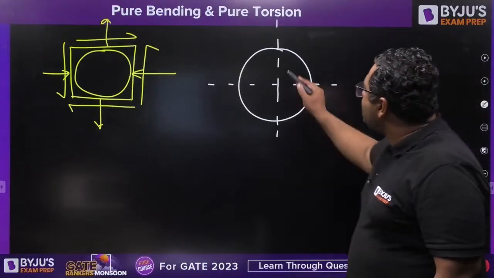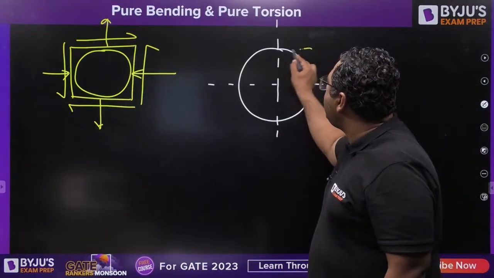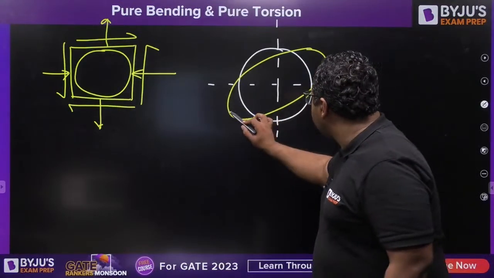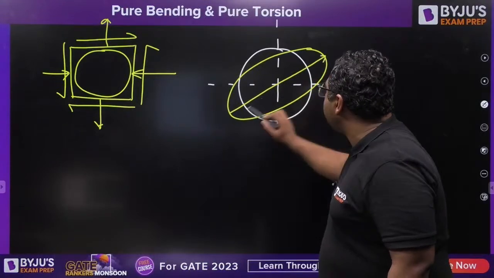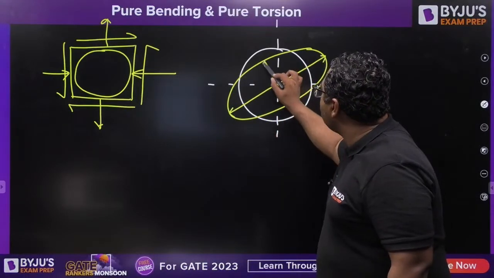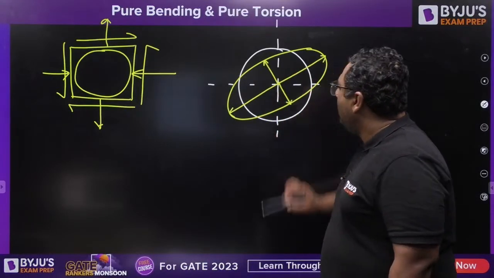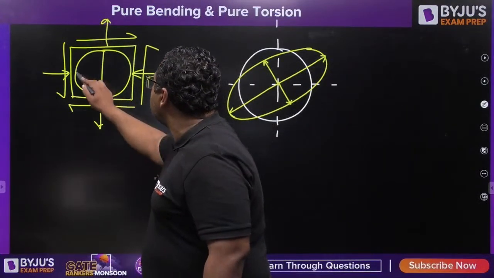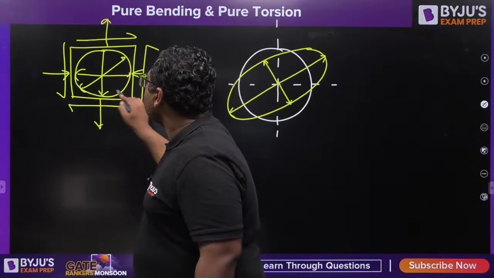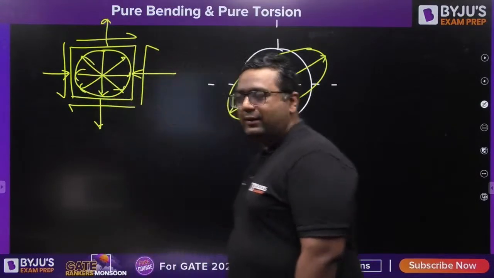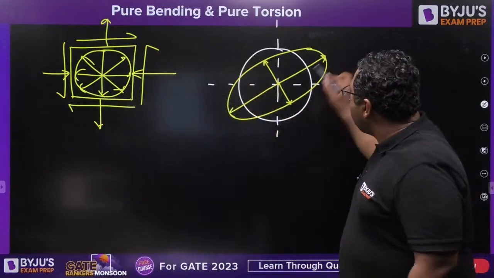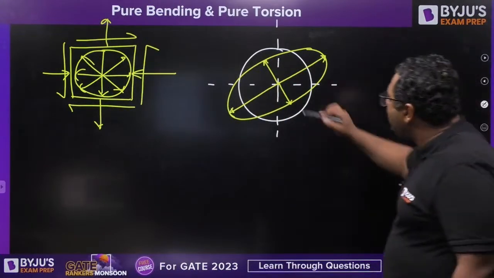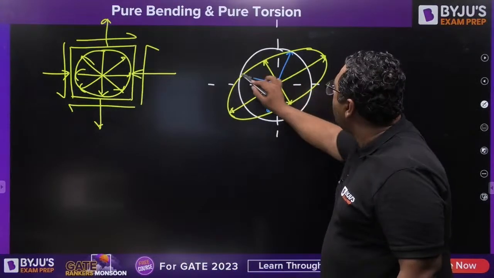Then this circle gets converted into an ellipse. For the ellipse, this is going to be the maximum diameter and this is going to be the minimum diameter. Initially all the diameters in the circle were equal. Later on, we have one diameter major and the other minor. Other than these two, all the diameters will lie in between them.